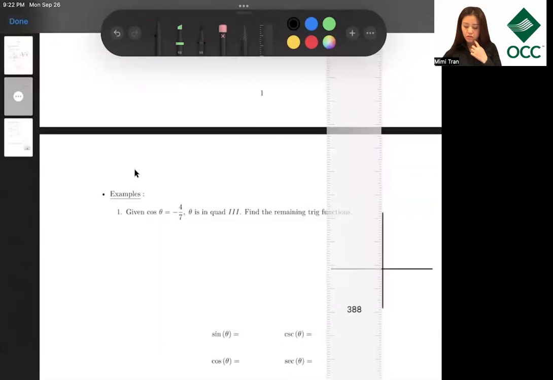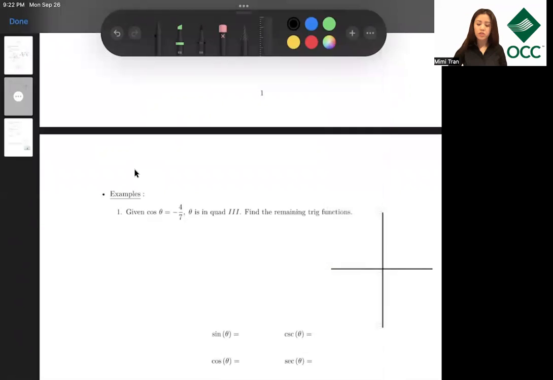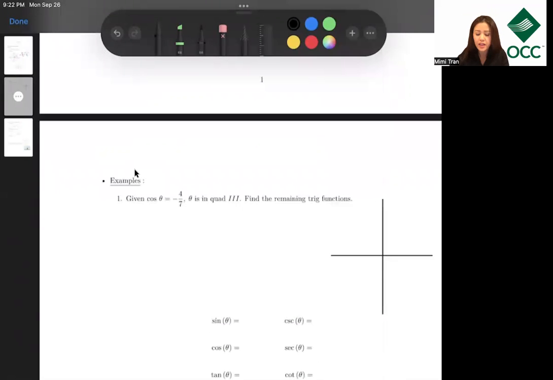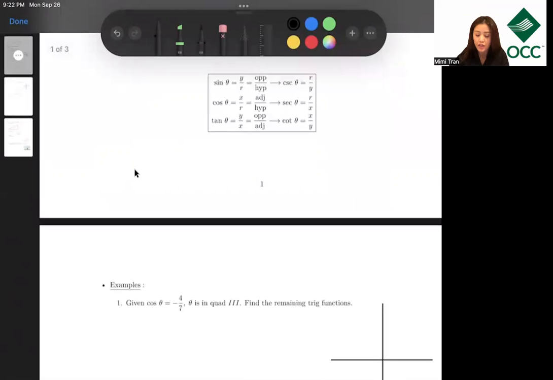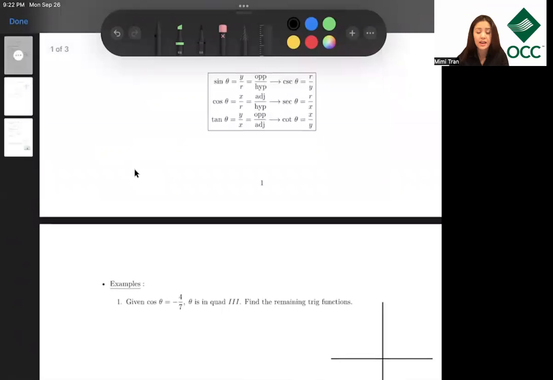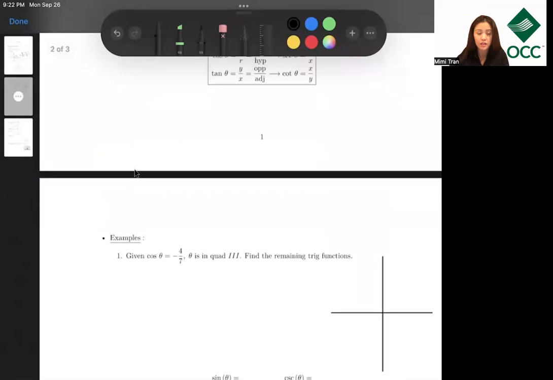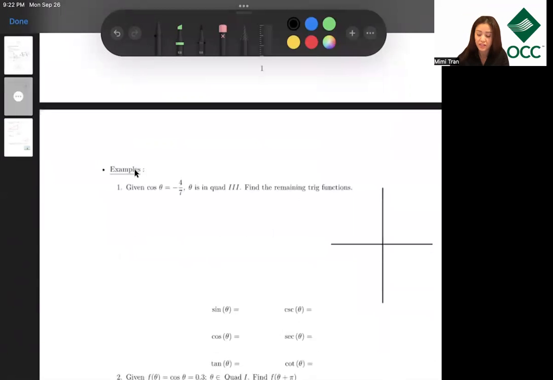We know that quadrant 3 has -x and -y, right? Now cosine theta is adjacent over hypotenuse. Hypotenuse is the radius, so the radius cannot be negative. So the 7 cannot be negative. However, the 4 can be negative, right? That would be -x over r, which makes sense, right?